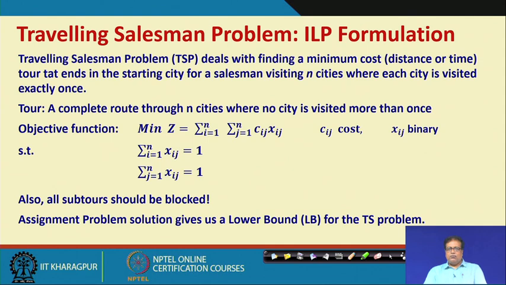In our last class, if you recall, the assignment problem solution came out as the optimum solution for the travelling salesman problem. So, the assignment solution gives a bound, but if this bound becomes optimal for the travelling salesman also, then there is no need to solve any further; in other words, the branch and bound is not really required.